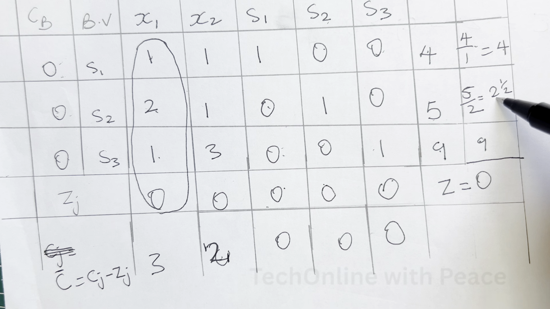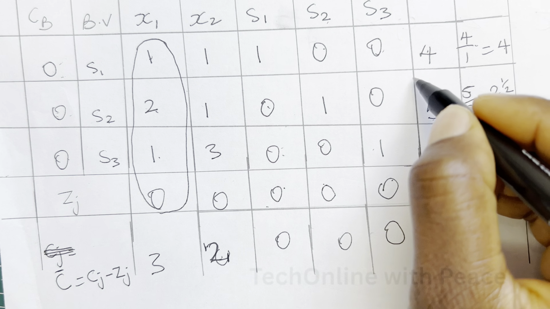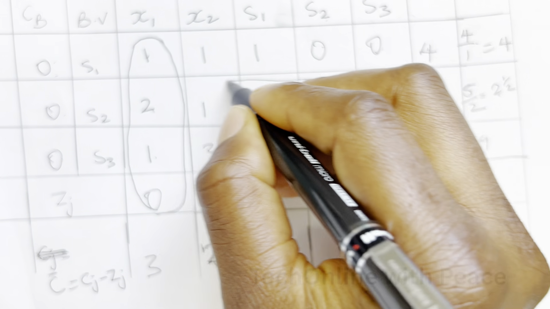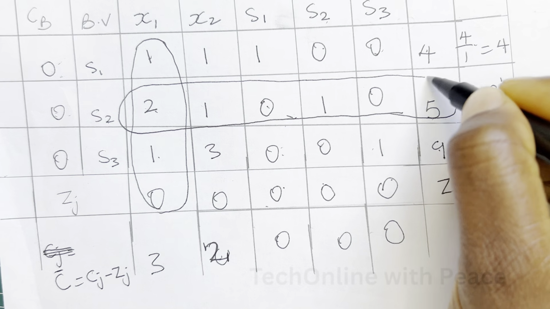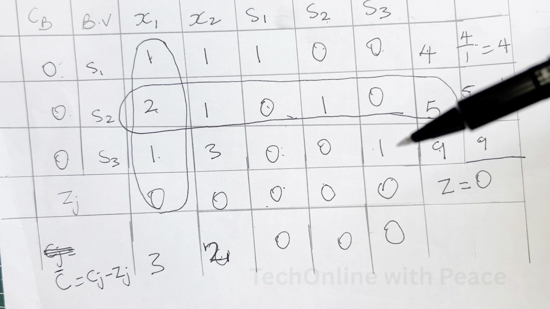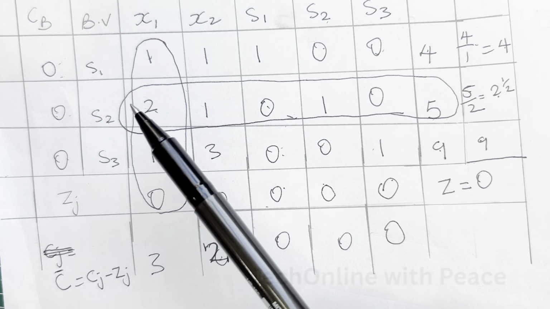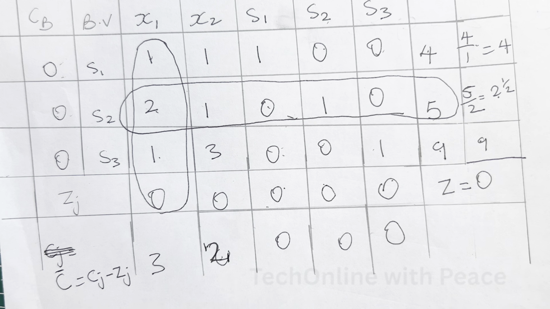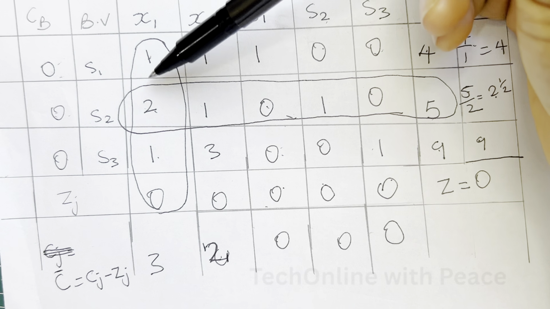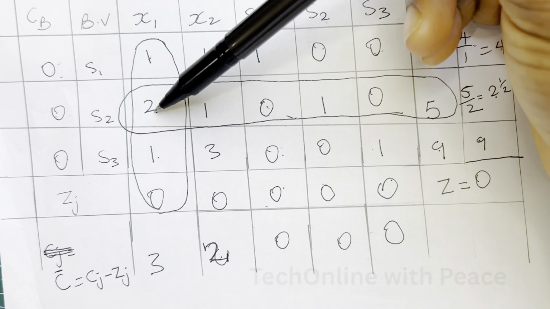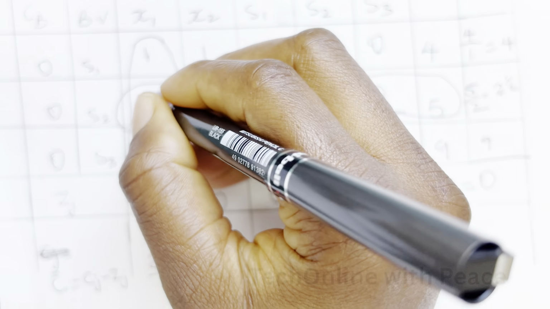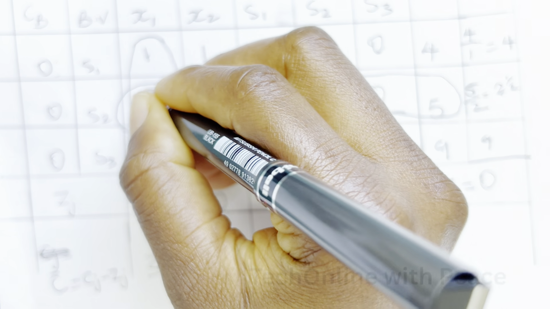So this is the least value, and this is our key row or pivot row. After getting your pivot row, you find your key element or pivot. So 2 is our pivot or key element, because this is where these two lines join.